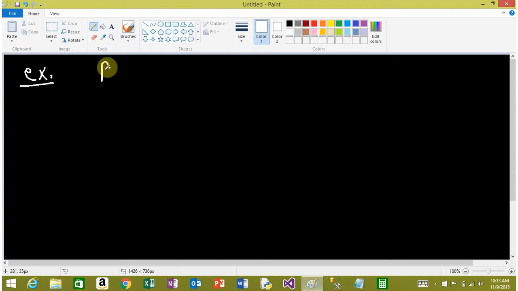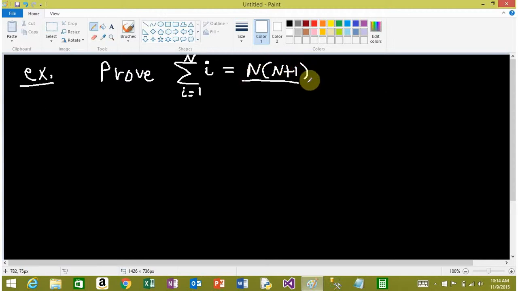We want to prove that the sum from i equals 1 to n of i is equal to n times n plus 1 over 2.